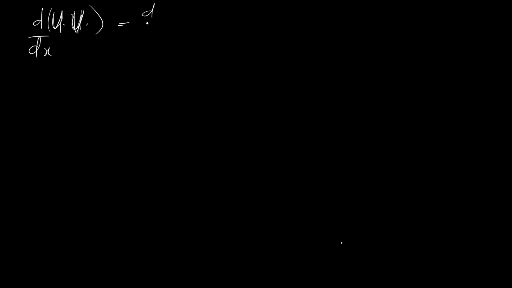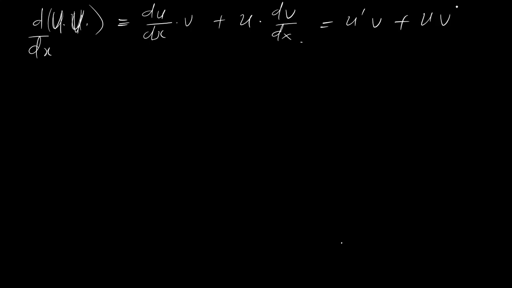It will just be the derivative of u with respect to x, leaving v, plus u times the derivative of v with respect to x. So it's just like saying u prime v plus u v prime.